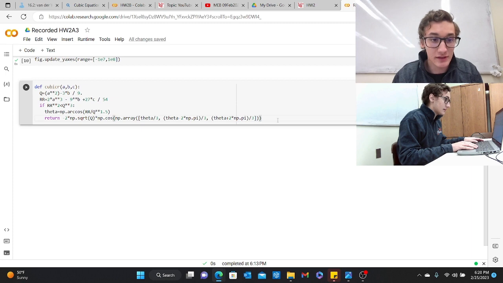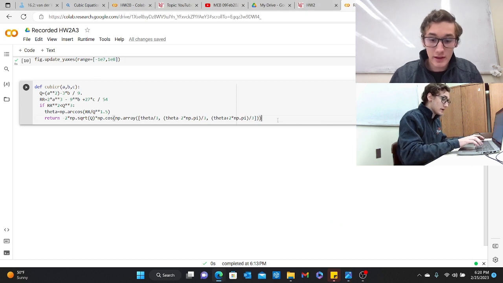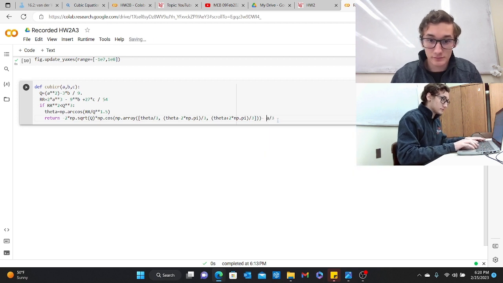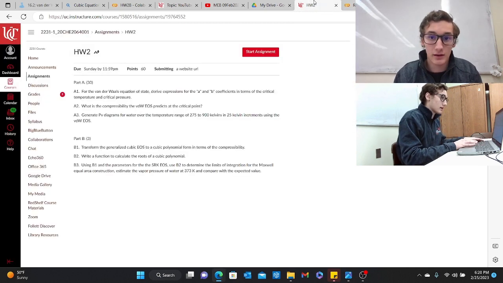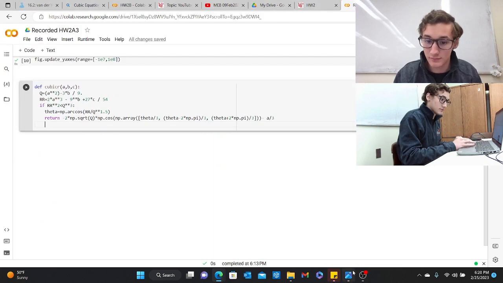And this parentheses is at the end of the cosine. So the next thing we want to do is subtract a3, or a thirds, minus a divided by 3. So that should be our first bit of this. Now, let's go back to that picture.